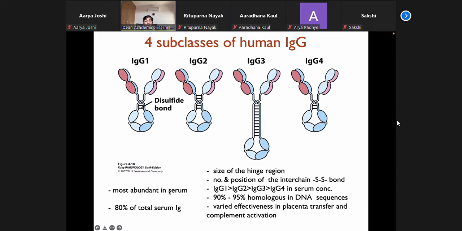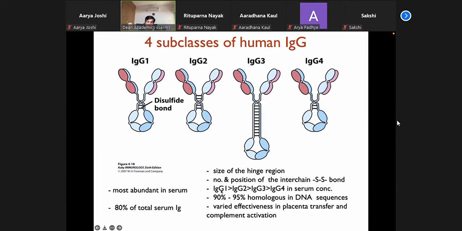The most abundant antibody that you find in blood, or in other terms in serum, is IgG. Almost 80% of the immunoglobulin that you find consists of IgG. The subclasses are clearly defined based on the size of the hinge region and the number and position of these interchain disulfide bonds, and this is the relative concentration.